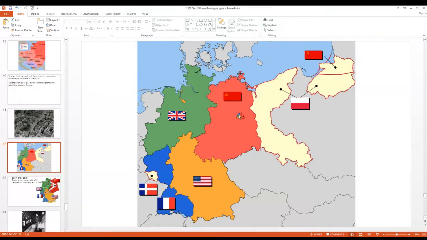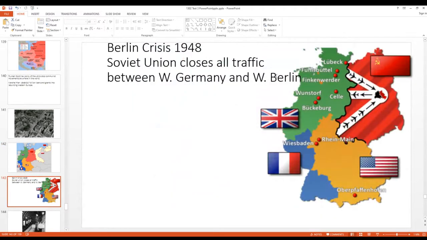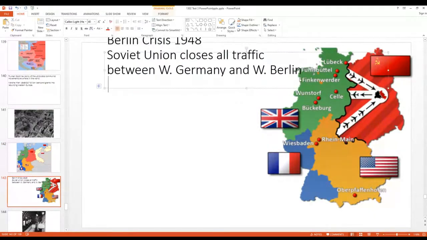And that it would continue throughout the Cold War. The only way, unless you flew in to West Berlin, you had to drive the one road that was open or the one railroad that was open. So Stalin closes down all the traffic, hoping that he can starve out the rest of Berlin.